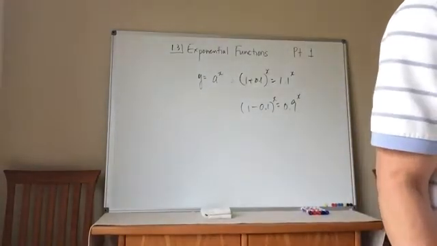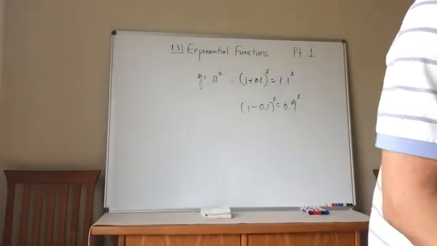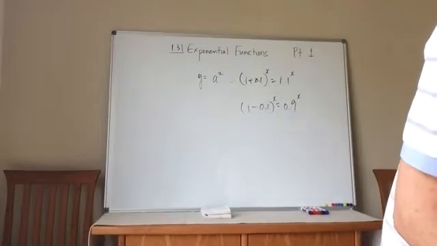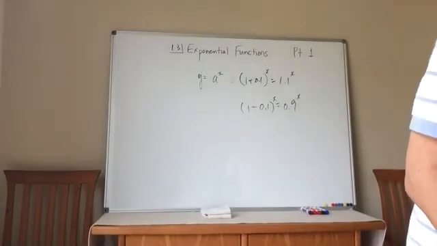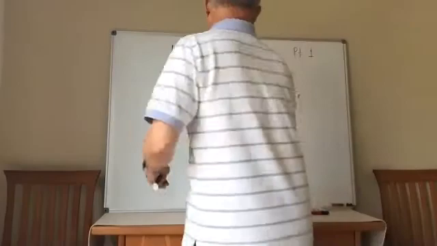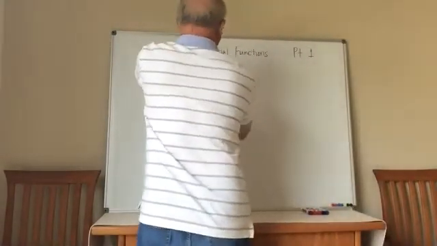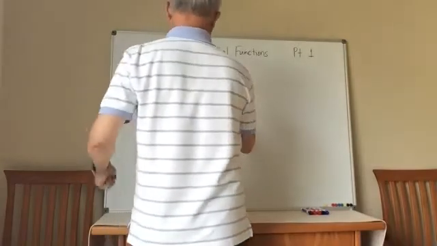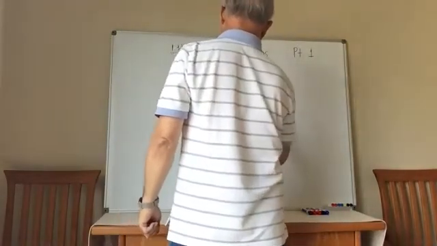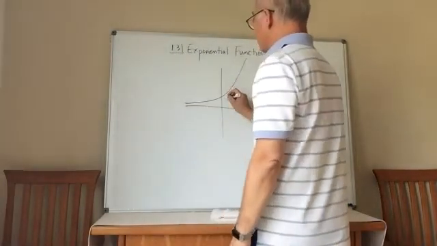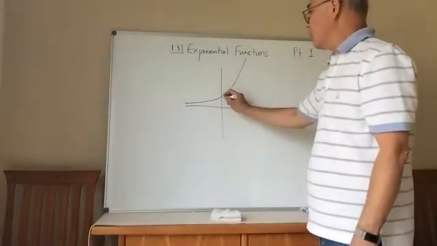Okay, so that's that. Let's look at example number 1. Graph the function, state the domain and the range. Okay, so let's look at the function itself. I'm not going to do example 1, but let's look at an exponential function. A growth function is going to look like this, and it's going to go through what point is this point right here?